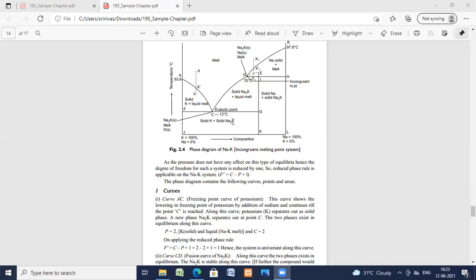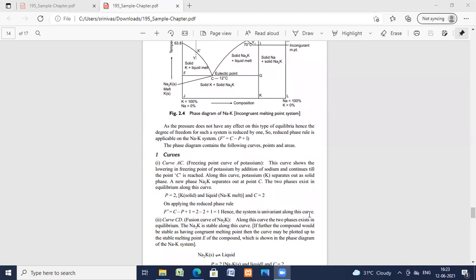The two phases exist in equilibrium. F is equal to C minus P plus 1, which is equal to 2 minus 2 plus 1. Hence the system is univariant along this curve.